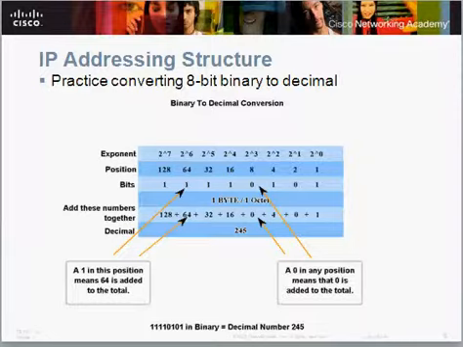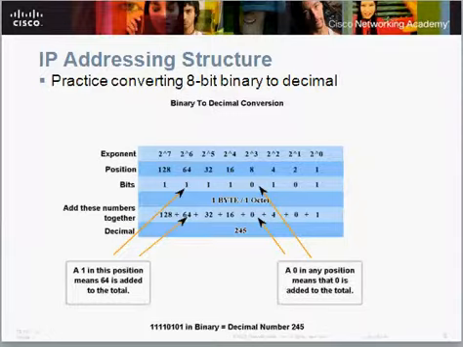So to understand the IP addressing structure, basically we need to understand each and every 8-bit block. So these are the values. Each 8-bit block ranges from 0 to 255. Each and every bit has a number associated with it. The first bit is 128, the second bit is 64.